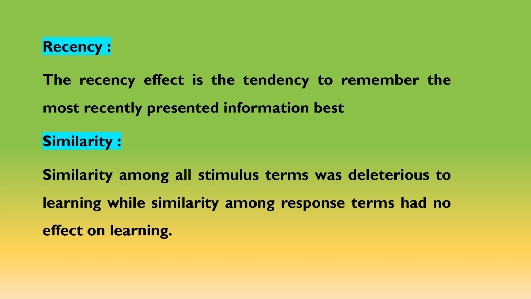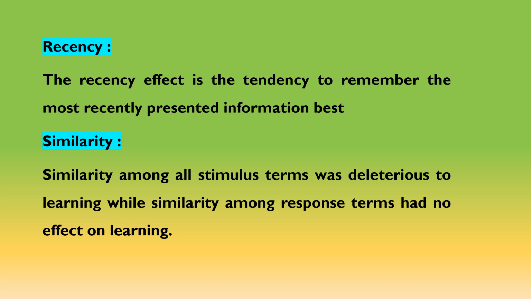The experiment showed that similarity among all stimulus terms was deleterious. That means they are having a bad effect in learning, while similarity among the response terms had no effect on learning. That is, in a paired associate learning, if the stimulus items are similar to each other, the learning task gets difficult.